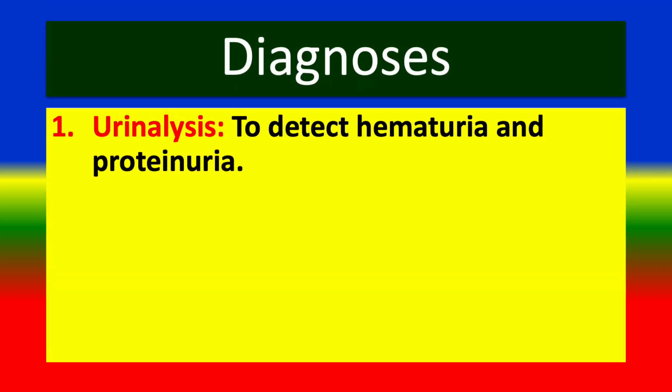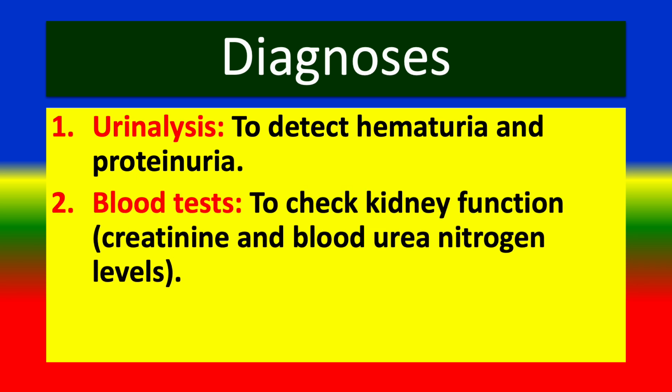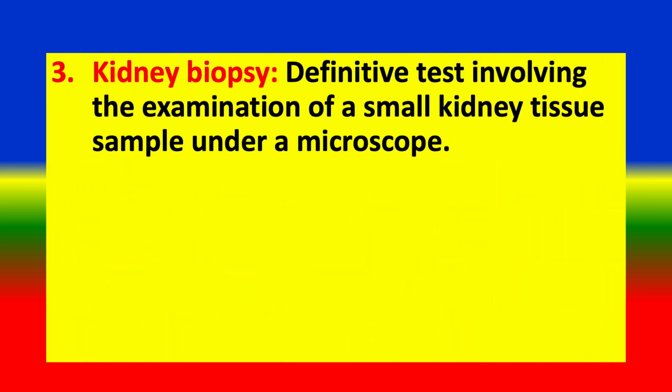Diagnosis. 1. Urine analysis to detect hematuria and proteinuria. 2. Blood test to check kidney functions, creatinine and blood urea nitrogen levels. 3.